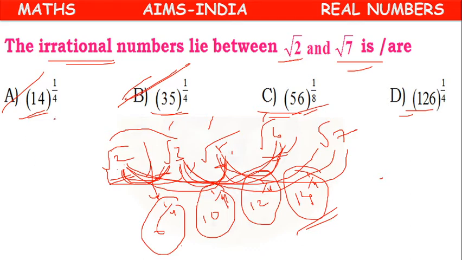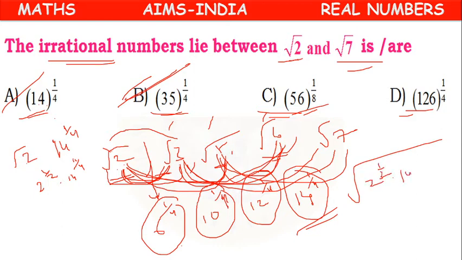Between root 2 and 14 to the power of 1 by 4, that is 2 to the power of 1 by 2 and 14 to the power of 1 by 4, if we multiply these two, what will we get?